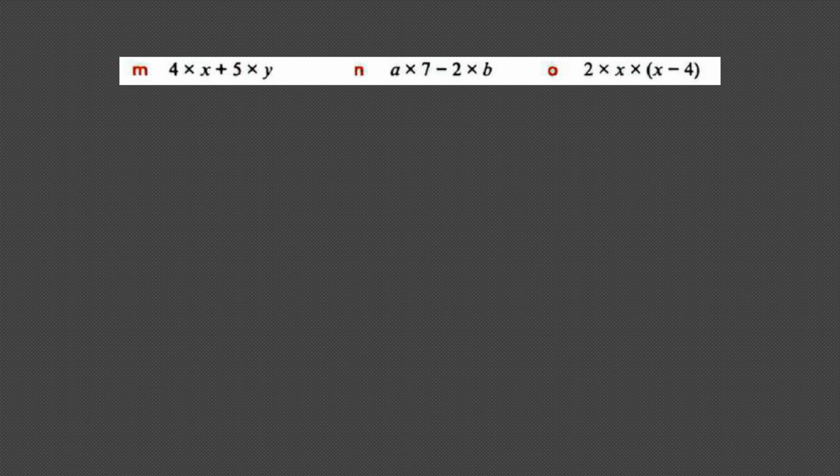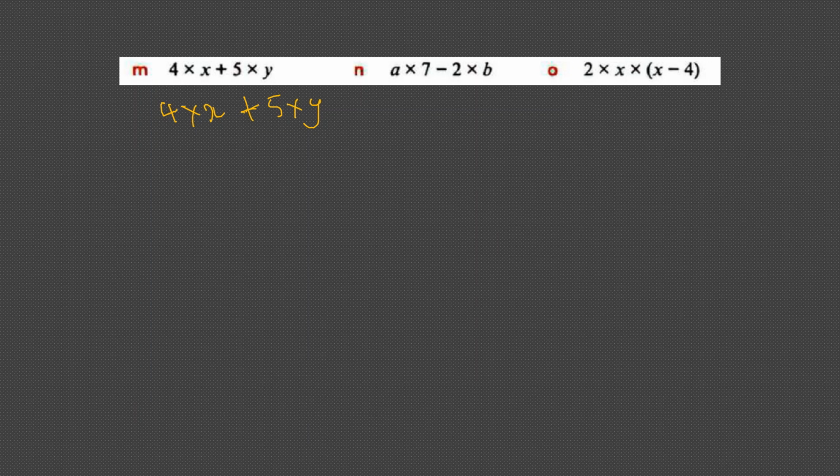This is a little bit of a trickier one, but you can get the hang of it. Question M states 4 times x plus 5 times y. We're taking a look into a more complex area. In this case, remember, the first rule states whenever it's being multiplied, they must stick together.